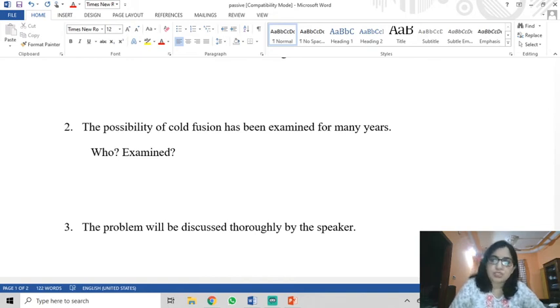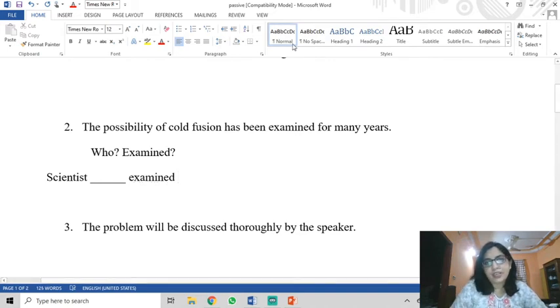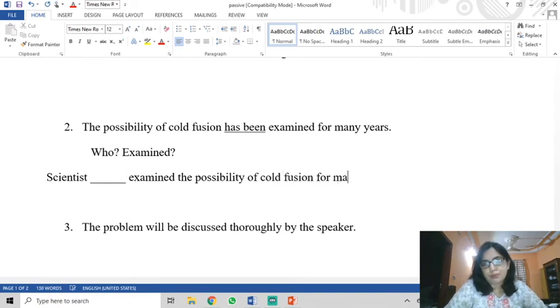If you want to change it into active voice, you will say scientists, and you can give a name, examined. So you are going to remove the has been part. You are going to just cut this. You don't need it now. You are just going to use the main verb: scientists have examined the possibility of cold fusion for many years.